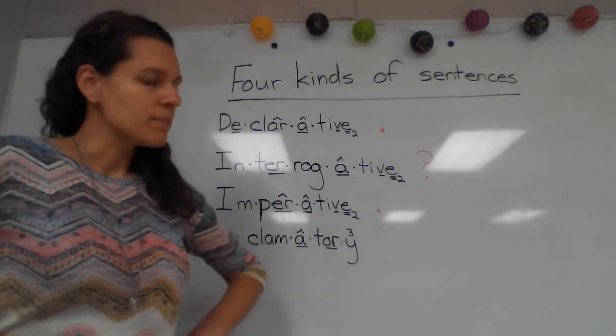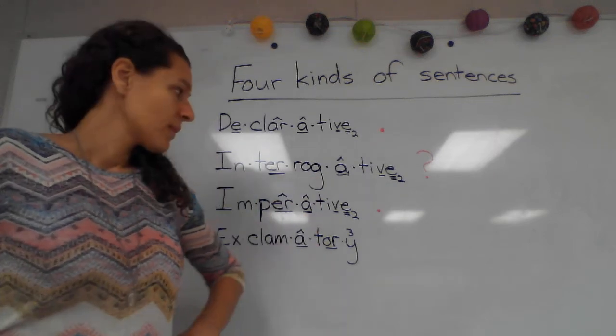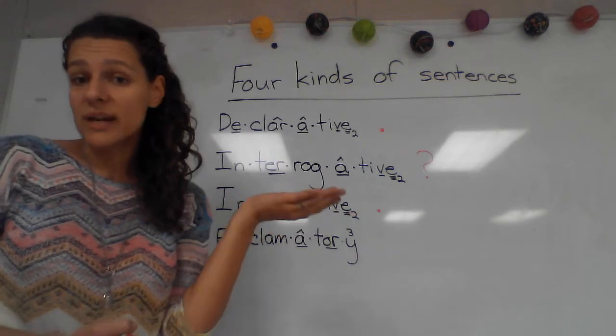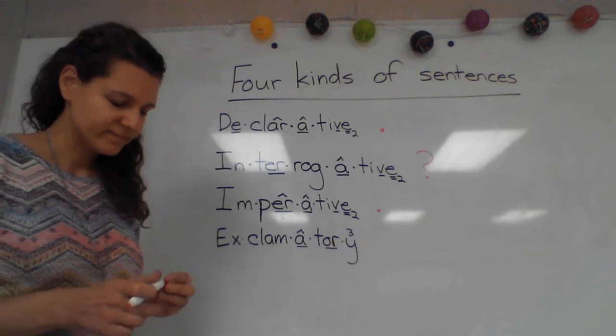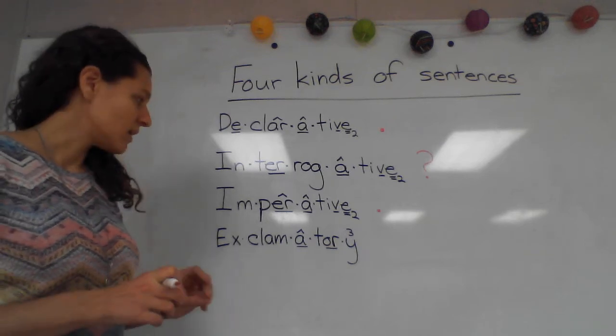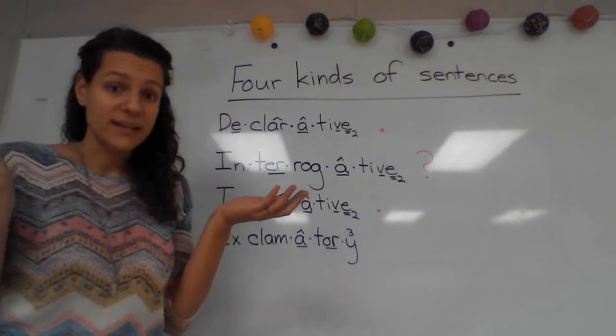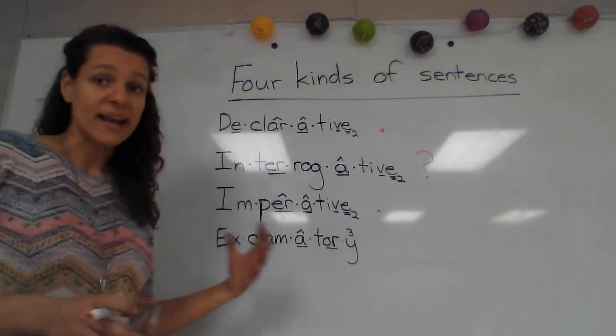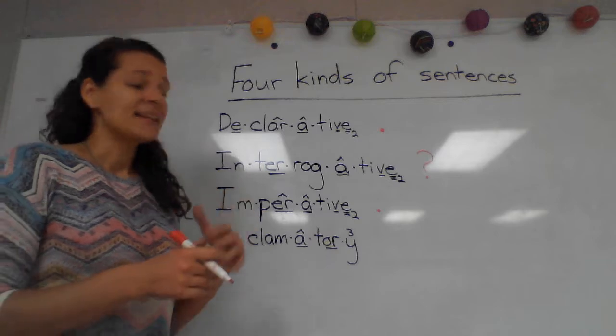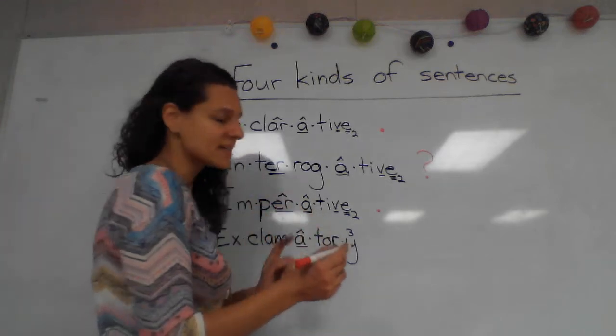Does anyone remember the name of the punctuation mark that we use when we are expressing strong emotion? All right. It's called an exclamation point. That kind of helps because exclamatory and exclamation point are from the same word, and it looks like this.